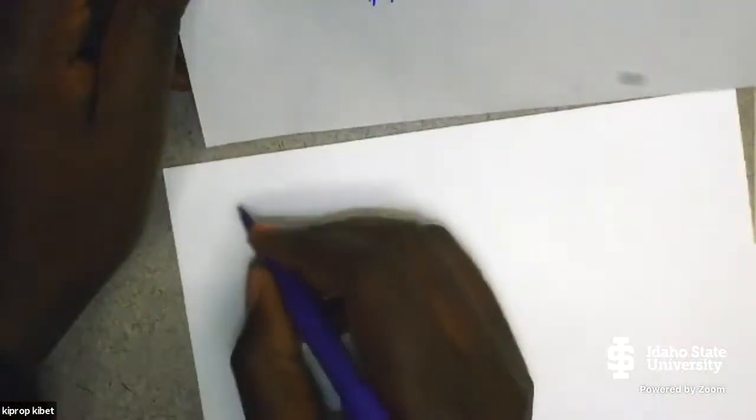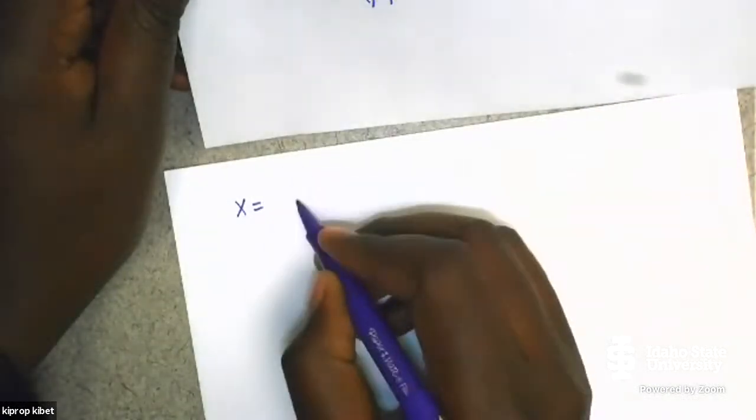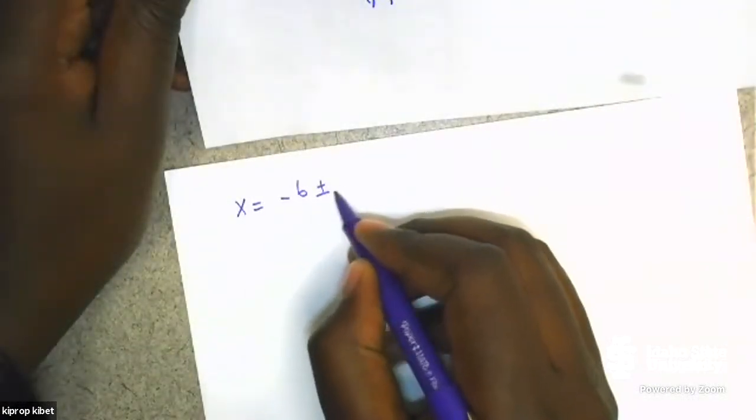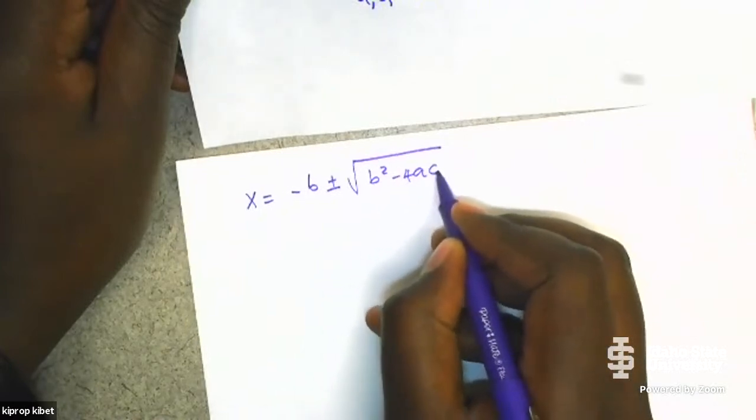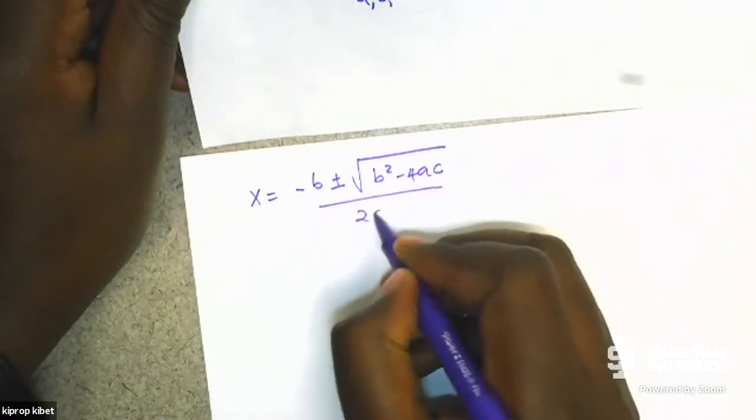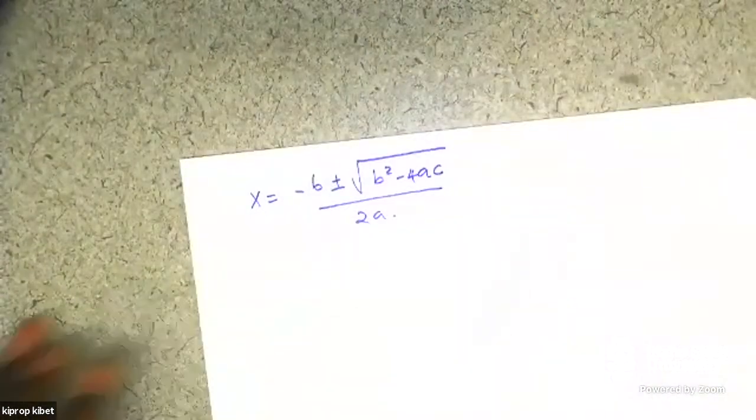Now, x equals minus b plus or minus the square root of b squared minus 4ac all over 2a. This is the quadratic formula.